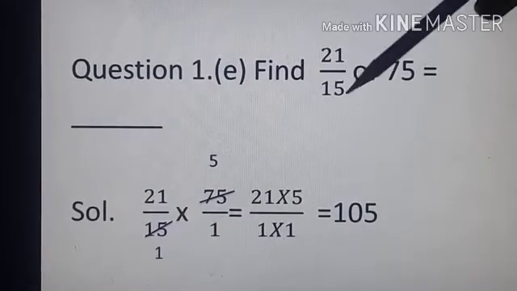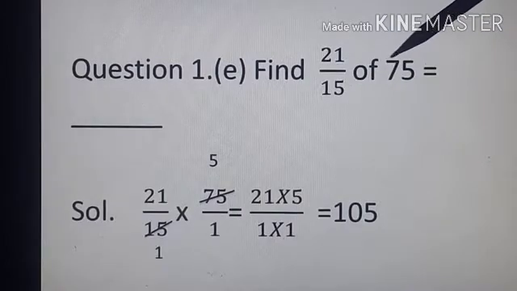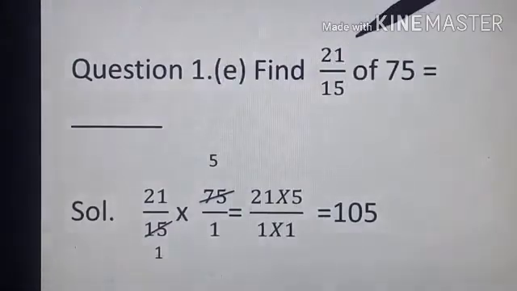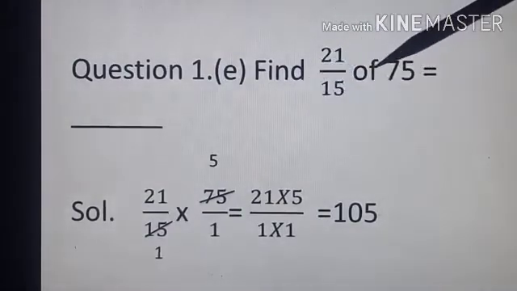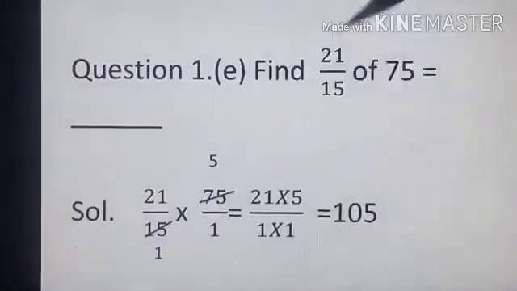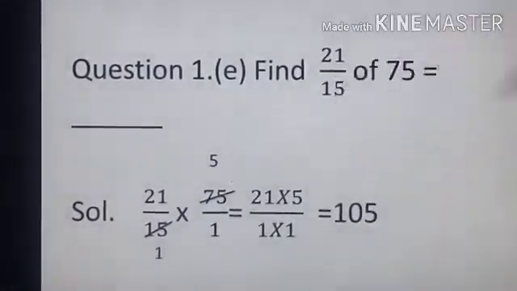Now next is first question, E part. Find 21 upon 15 of 75 is equal to dash. So 21 upon 15 of means multiply. 75 can be written as 75 upon 1. It is very much clear from here that 15 ones are 15 and 15 fives are 75. So you will cut down here.